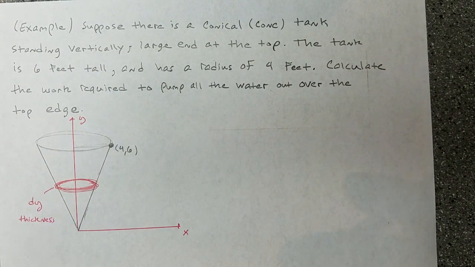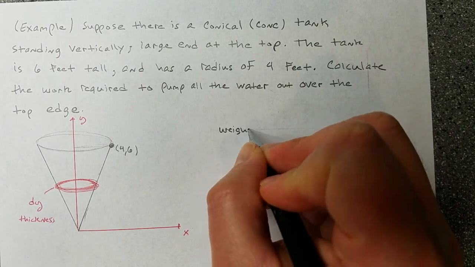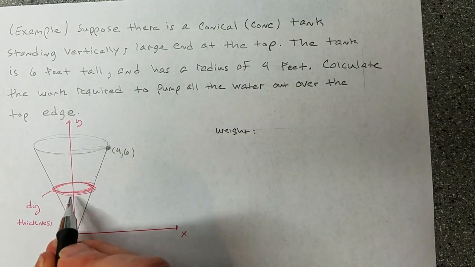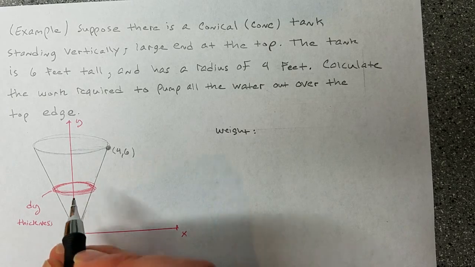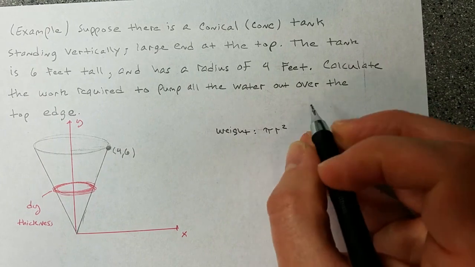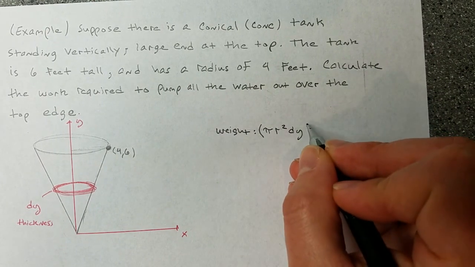So first of all, if I was going to tell you what the weight of that was, it would be like this. What's the volume of this slice? Pi r squared times dy. Why is that?